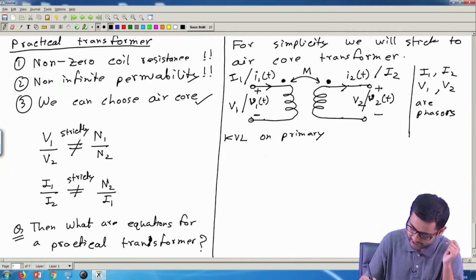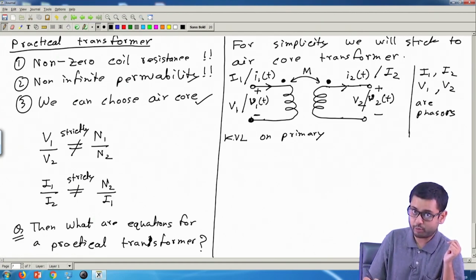We start from this point and go down like this, adding all the voltage drops and voltage rises. Going from here to here there is a voltage rise, which I consider positive. So V1 is the rise.